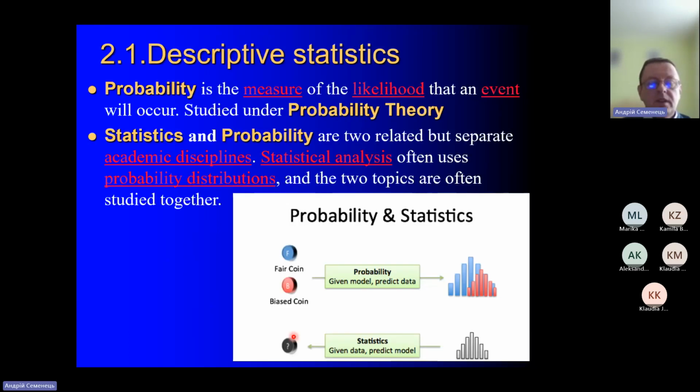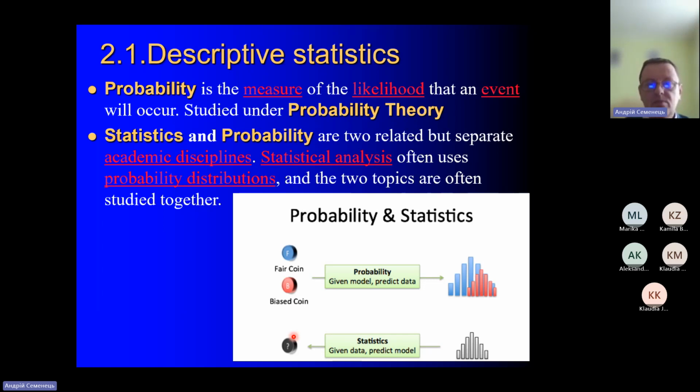When we talk about statistics, we very often refer to the term probability, that some events happen or not. But it is good to keep in mind that statistics and probability are related but separate academic disciplines. Probability is studied under probability theory, which is a measure of the likelihood that some kind of event occurs or not.